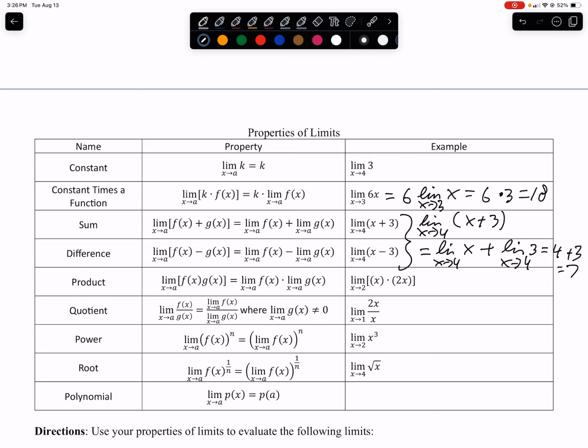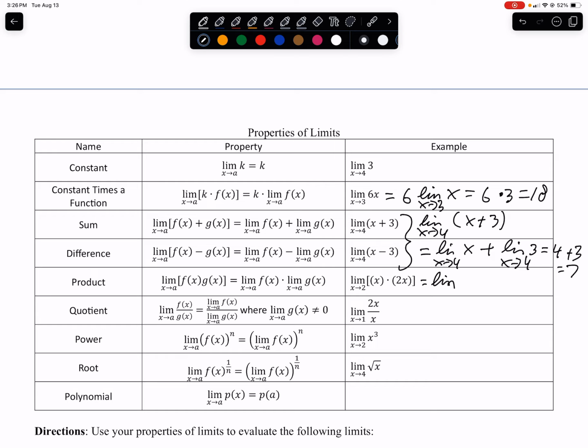Okay, more properties. What happens if you have two functions that are being multiplied together? How do you find that limit? This says you could take the limit of the first function, take the limit of the second function, and then multiply. So there are two functions being multiplied. The property says I can separate to two separate limits.